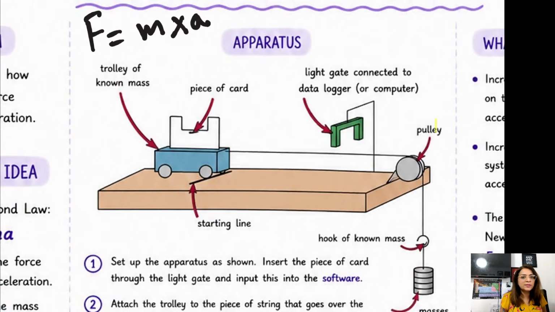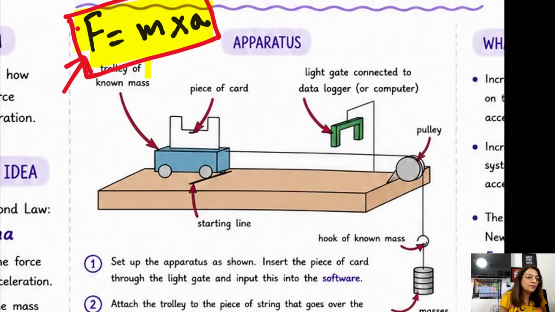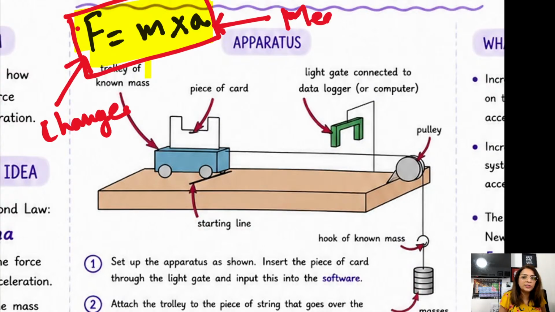This is the setup we use to investigate this, and you need to change one quantity and investigate the other. Just remember, if you know the formula, guys, listen carefully to me, you will be changing one thing. For example, if you want to change the force, change it, and you can measure it.